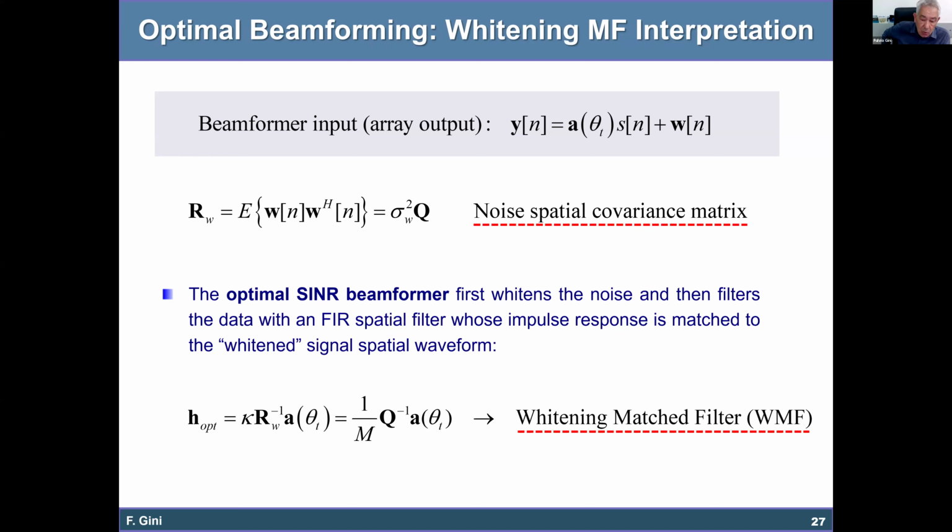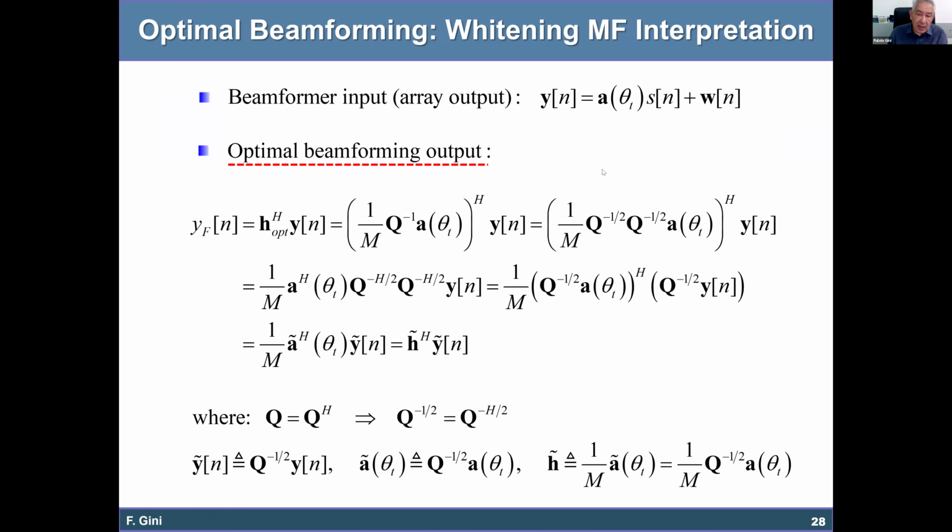So why whitening? Because the presence of the inverse of Q in practice can be interpreted as a whitening operation. So what do I mean with whitening? Whitening is synonymous with decorrelation. So let's try to understand this important fact, okay? Because it's important to understand the relationship between the two.